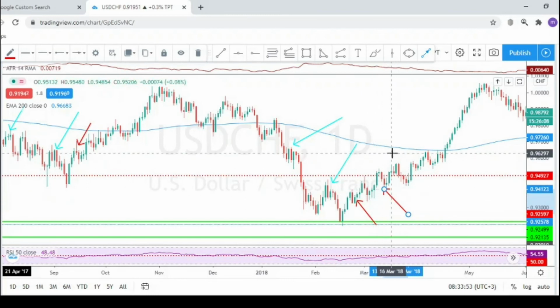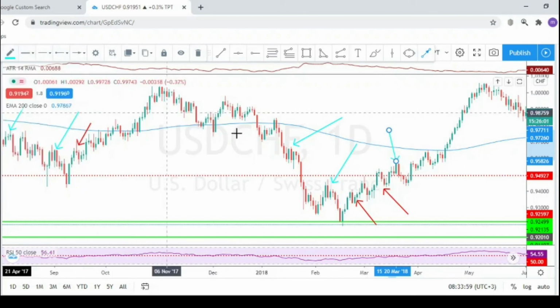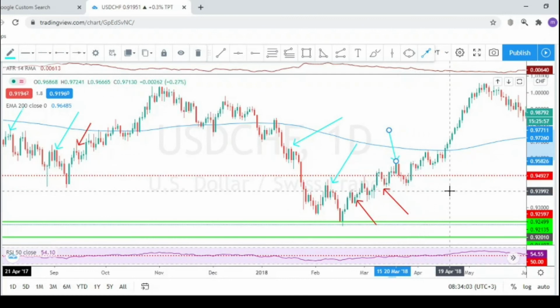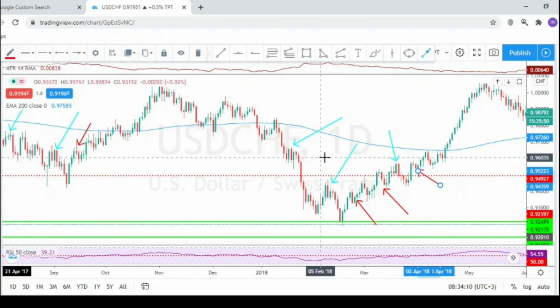And made a pullback and continued to the downside. I would call this one here a win. Made a pullback but failed to continue to the downside, this would be a loss. Would get stopped out here.